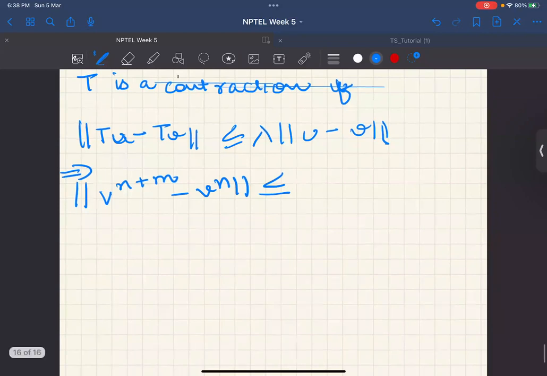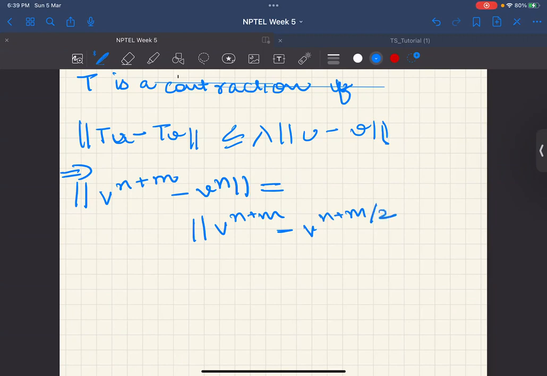What is the triangular mapping here? Can you tell me? Simple: Vn plus 1 norm minus Vn norm. Am I correct? Yes. Can I write it like this? I haven't done any triangular inequality yet.